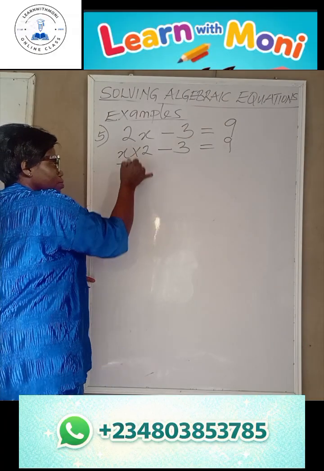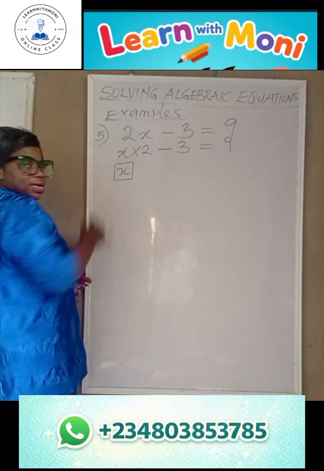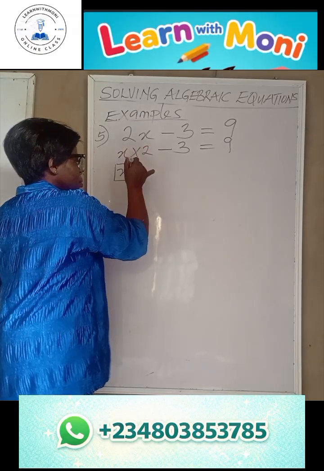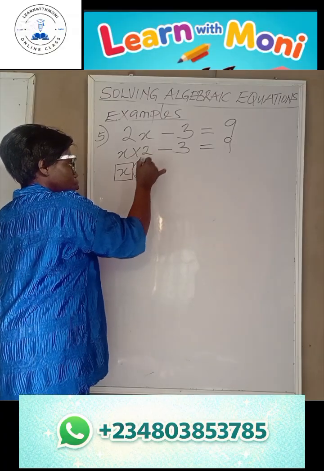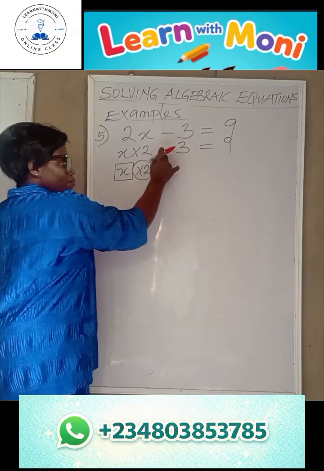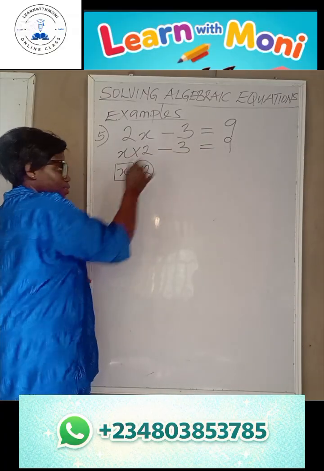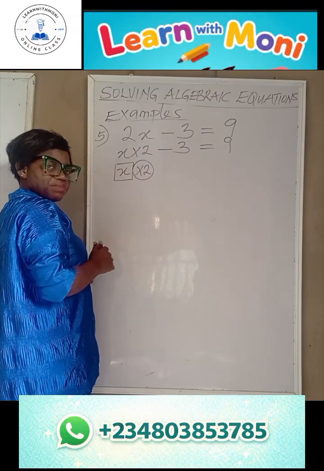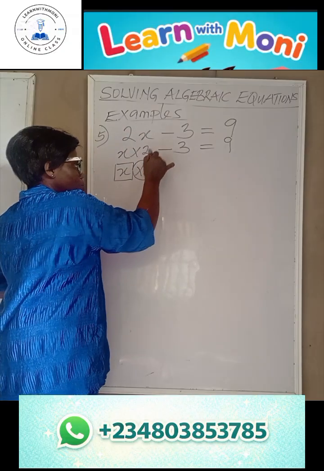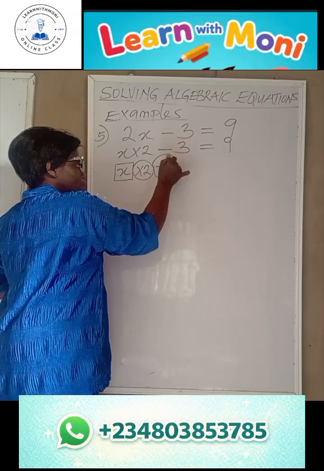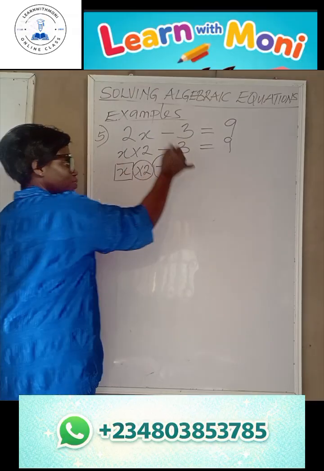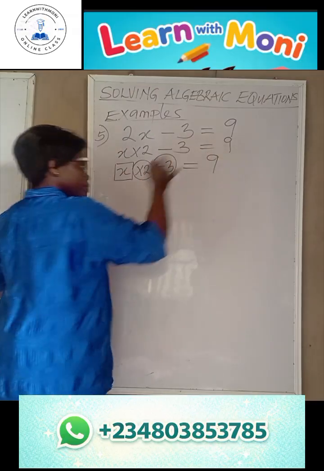I want to represent my x by a bar of magnet, and I have times 2 beside it, and I have another ball of metal on the same side, which is minus 3. On the other side we have equals 9.